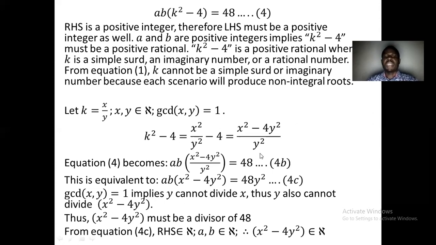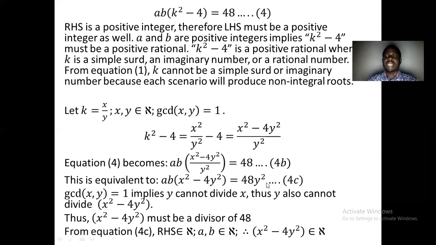Okay, so we're making reference to equation 4c, because this is an equality. It means the left-hand side value is the same as the right-hand side value. So far, we've seen that y squared, of which y is a factor, cannot divide x squared minus 4y squared. Reason being that the GCD of x and y is 1.